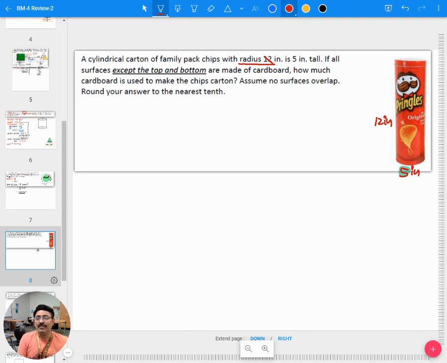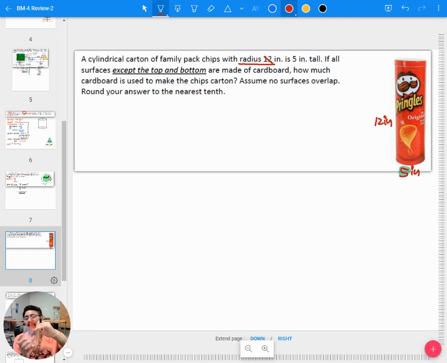If all surfaces except the top and the bottom, please notice that, because when you buy the chips pack, usually the top is with a plastic lid and the bottom is usually made of a metal sheet.